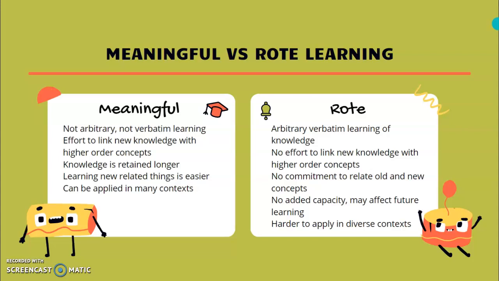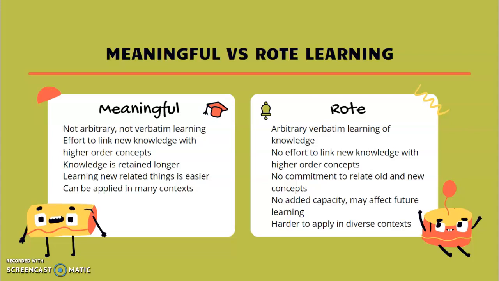So the main difference between meaningful and rote learning is that meaningful learning is not arbitrary and is not verbatim. This means that it's not only a repetition of the information that they have learned, but rather a full understanding of it.